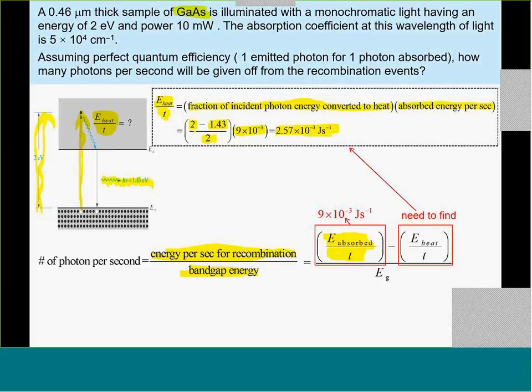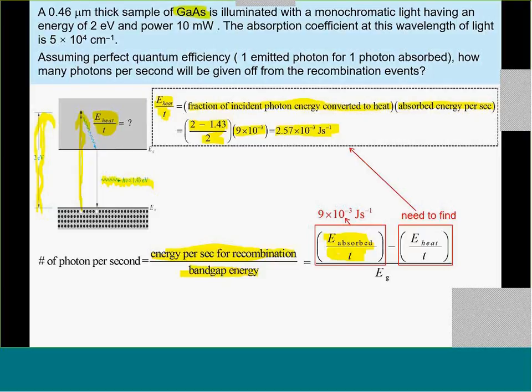Why do we use the fraction of incident photon energy converted to heat? Because 1.43 eV is the band gap, so the excess between the incident photon energy and the band gap is going to be lost as heat.